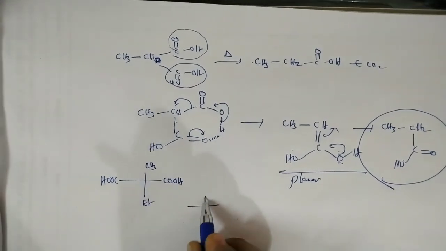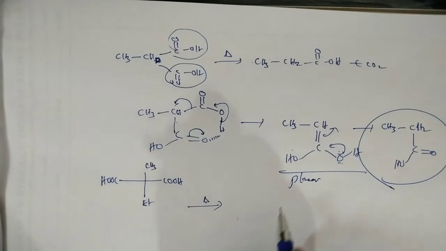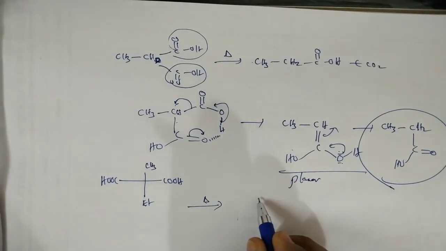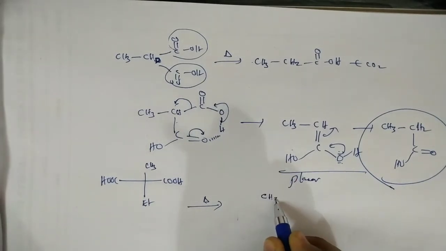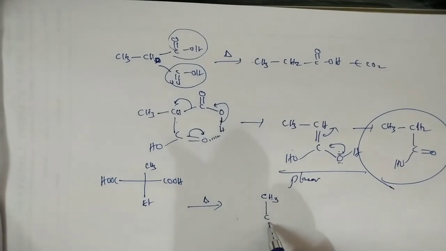So this one on heating, what is the reaction intermediate product? Here it is converted to enol. So CH3, and this is carbon, and this is ethyl. Okay, so what is the enol actually? This carbon double bond, here OH, and this is OH.